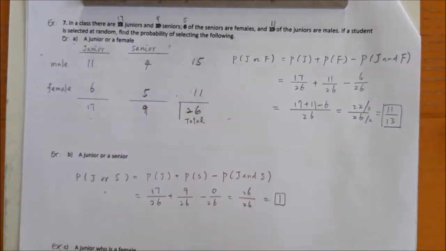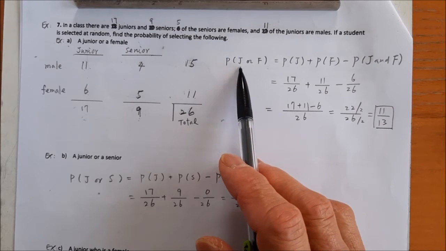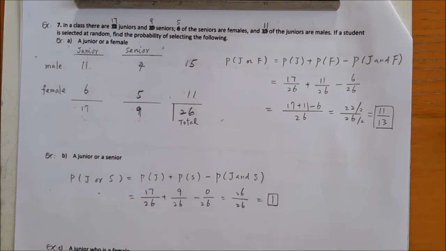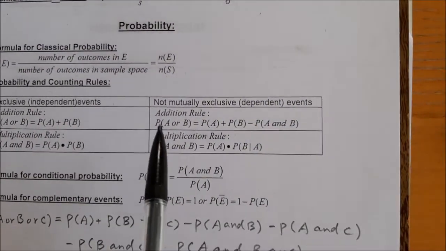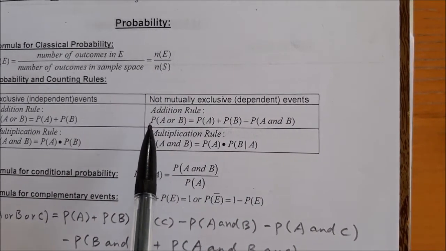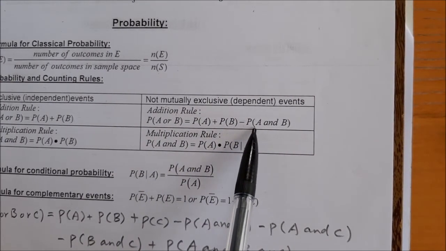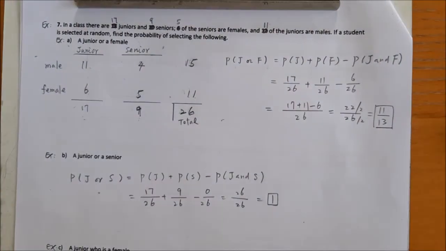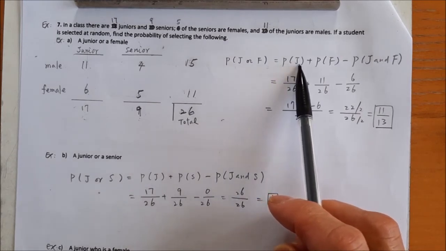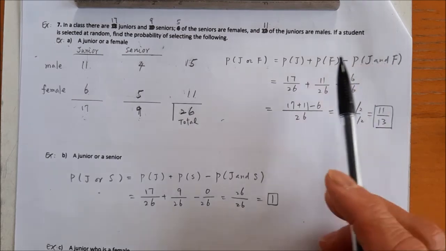After creating this table, the question says, what's the probability of junior or female? This uses the formula we call the not mutually exclusive events addition rule. Probability of A or B equals probability of A plus probability of B minus probability of A and B. So the probability of junior or female is equal to probability of junior plus probability of female minus probability of junior and female.